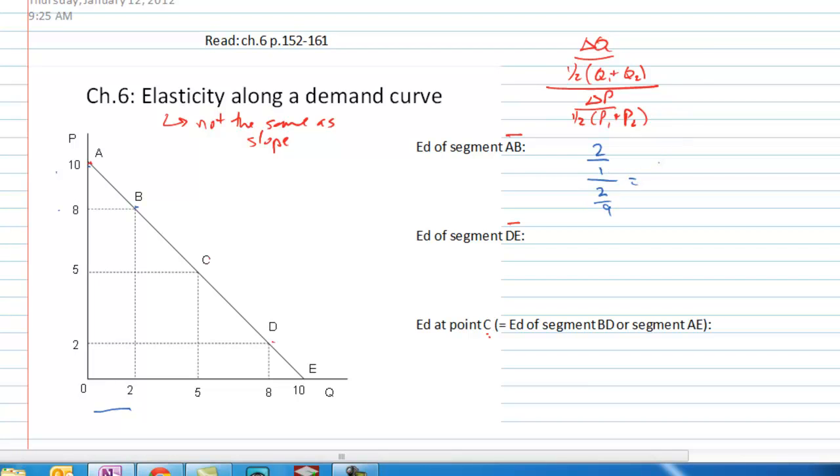Okay, let's simplify this to 18 over 2, which is equal to 9. So the elasticity of segment AB is 9. That's highly elastic. Remember, anything over 1 is considered elastic.